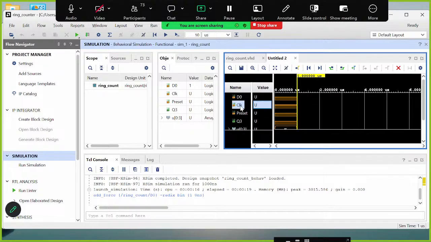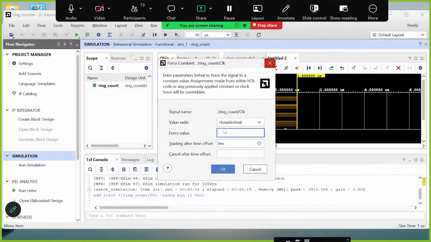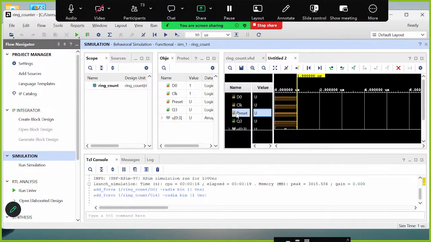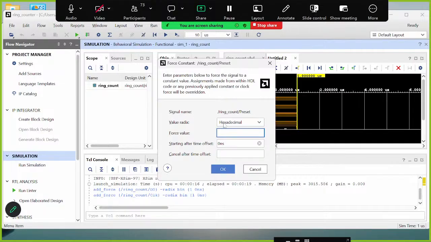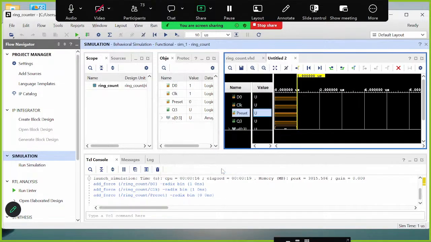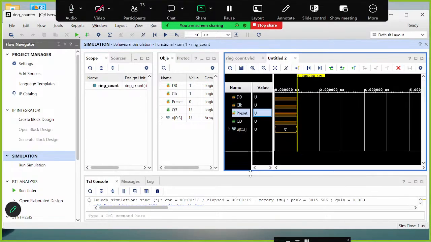Then make clock 1, then make preset also activated. It is activated at logic 0 because it is of active low nature. Okay, simple.